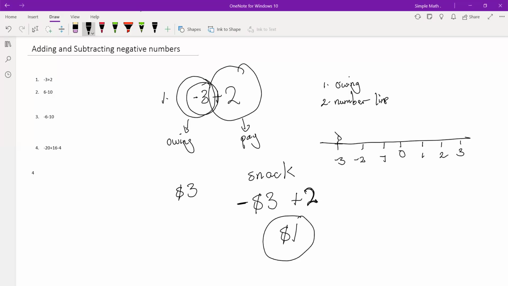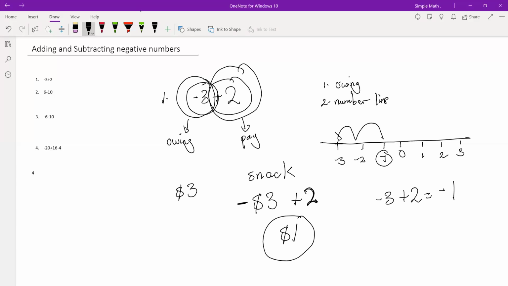So minus 3 plus 2. With a plus 2, we're going to move 2 places to the right. When you see a plus, you are moving to the right. When it's a minus, you are moving to the left. So we moved 2 places to the right, and we got to minus 1. So minus 3 plus 2 is equal to minus 1.